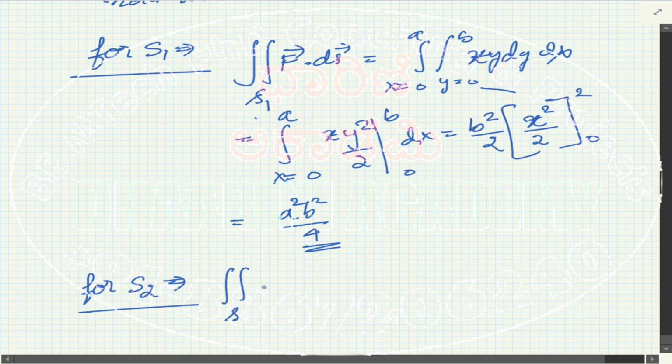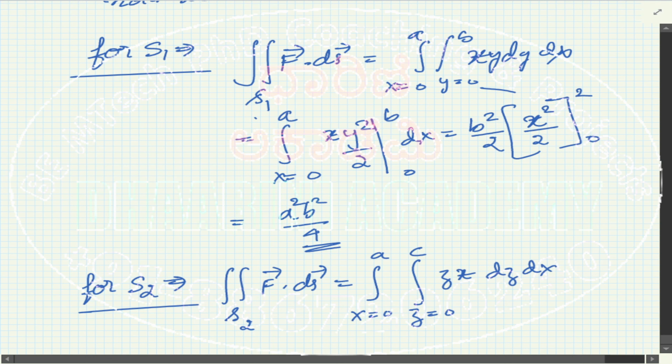Now let's call this S2. The vector f dot ds is equal to the integral x is equal to 0 to a and integral z is equal to 0 to c, right? This is z into x into dz into dx.